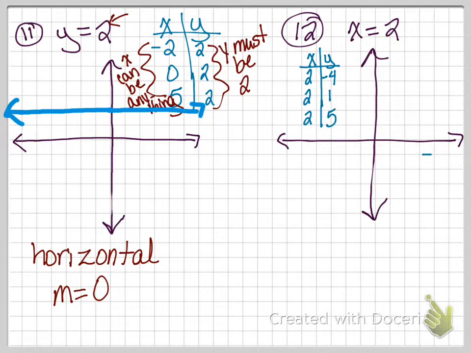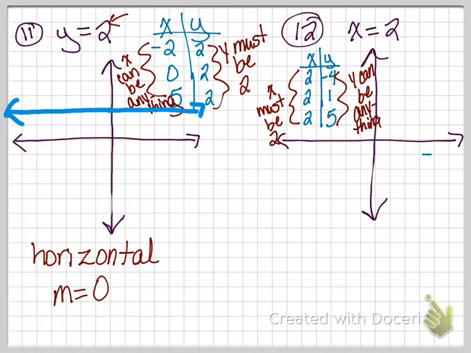So in this situation, x must be 2. y can be anything. So, what kind of line is x equals 2? Yes. Okay. So, this is a vertical line.